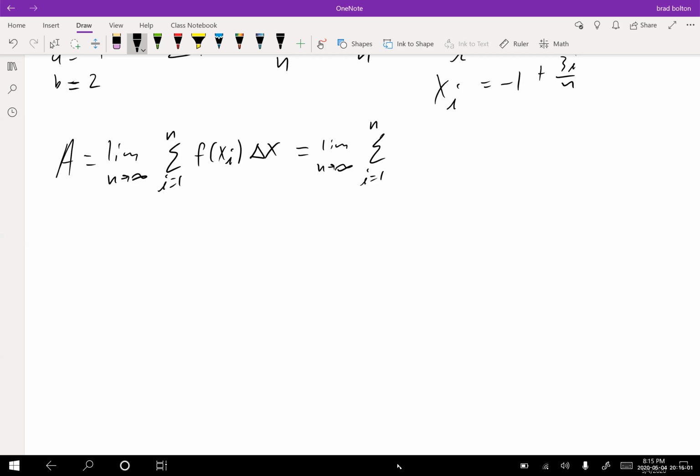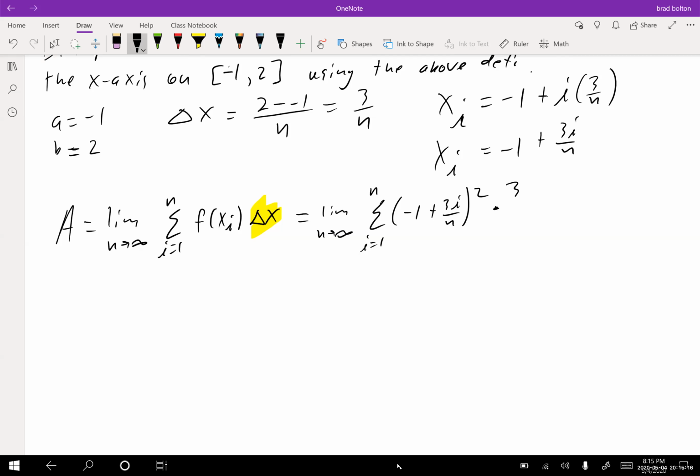So f of x is x squared. So I'm going to take -1 plus 3i over n, and I'm going to square it. And then it says multiply by delta x. So I have times delta x, but what was delta x? Delta x was 3 over n. So once again, here's my delta x. That goes right there. Here's my x sub i. That goes right there.